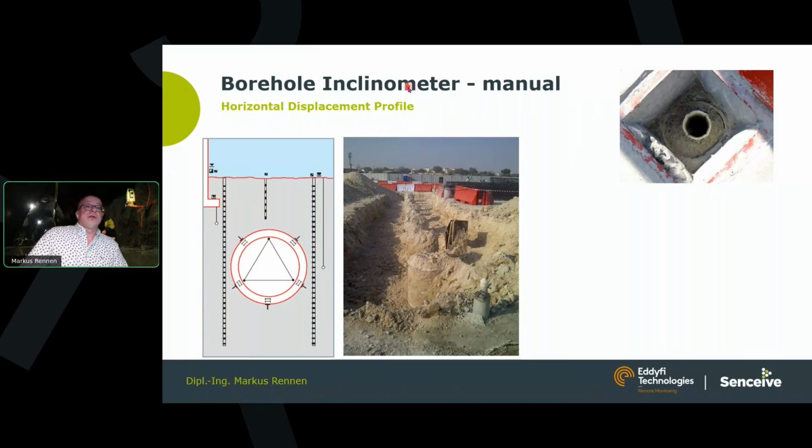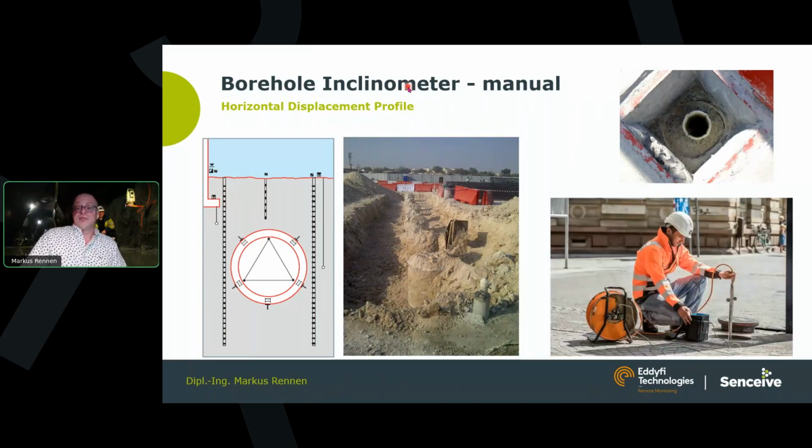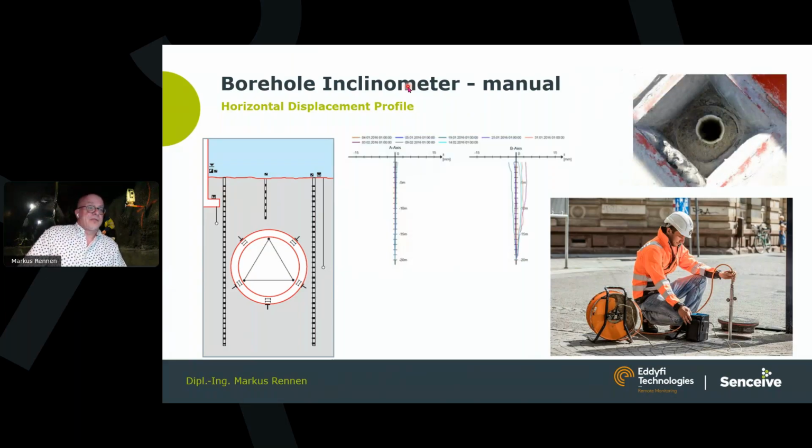Observation can be carried out manually, but of course that involves personnel that regularly goes there, and particularly if the interval between the measurements gets very short, then manual surveys are not so efficient anymore. Here in this case, inclinometer measurements, providing the horizontal displacement along a borehole.